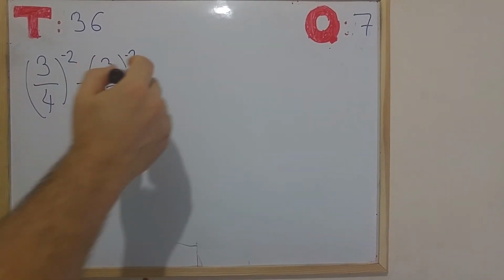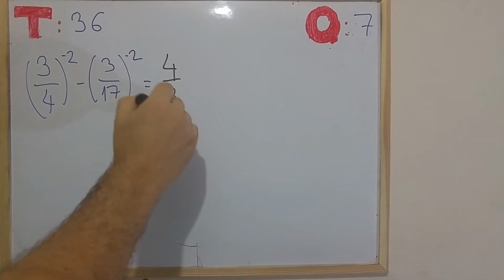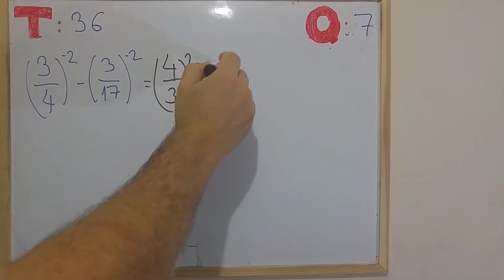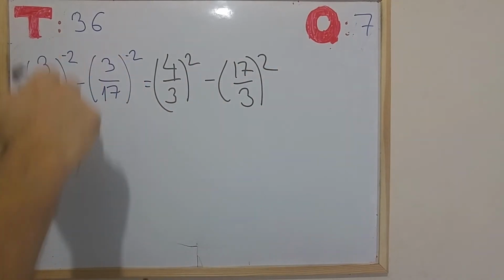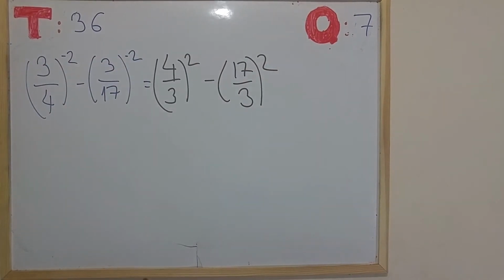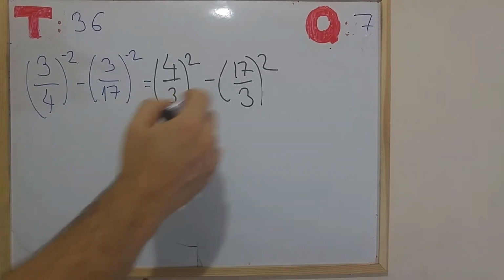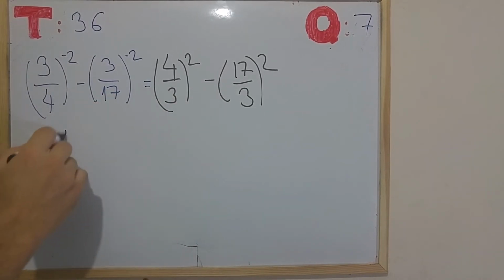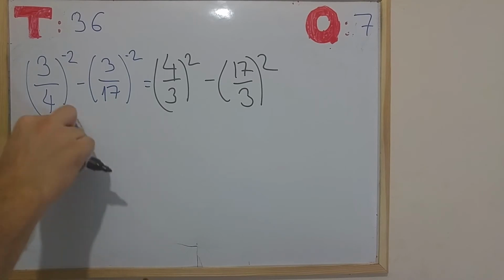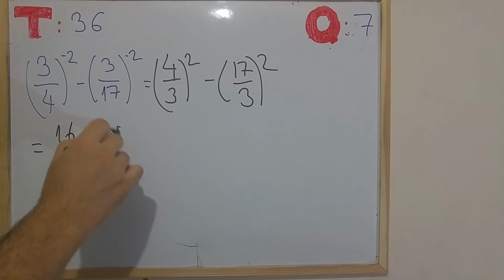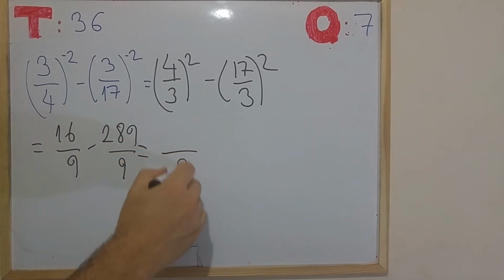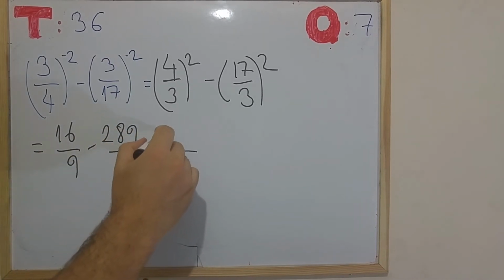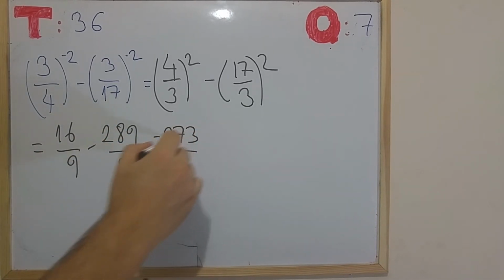We can put it this way. This is 4 over 3 square minus 17 over 3 square. So these minuses are gone when I take the power of minus 1. So this is equal to 16 over 9, I would say. 16 over 9 minus 289 over 9, which makes over 9, this is minus 273, right?